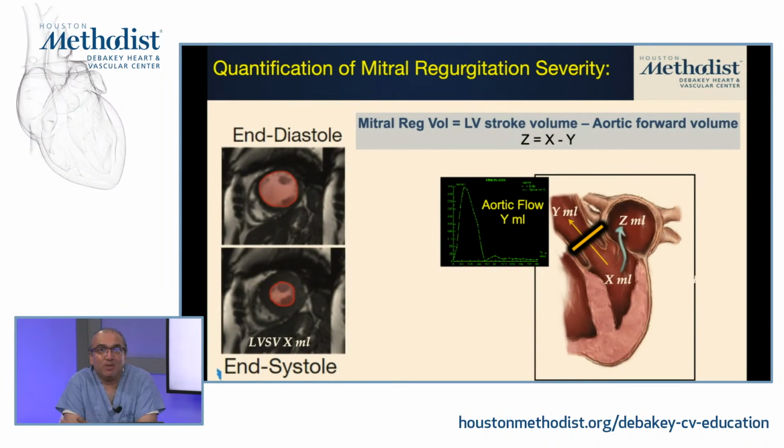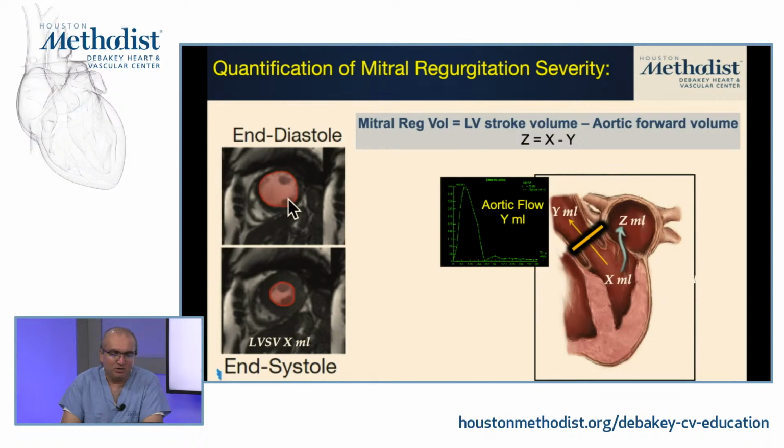So let's talk about mitral regurg, which we're going to touch on first. Obviously, we know that this principle would apply, which is that the LV stroke volume, whatever the left ventricle is ejecting out, should be equivalent to the flow that's going forward across the aortic valve. And then whatever difference there is would be the flow that's going backward across the mitral valve, or the mitral regurgitation.